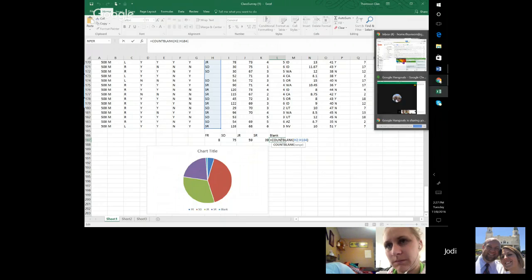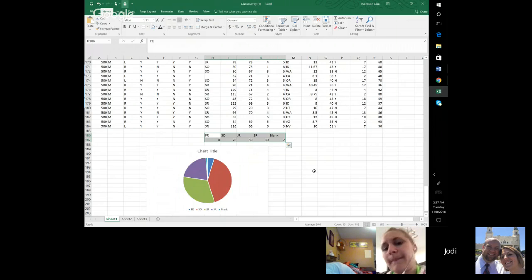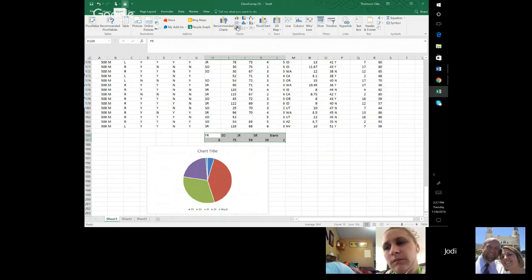Okay, so once I have the summary, what did you do then? Okay, so then highlight all 10 of those cells. See, like I have? Yep. And then go up here to insert. Okay. And then you can just click on your little pie chart. And it should pop up.